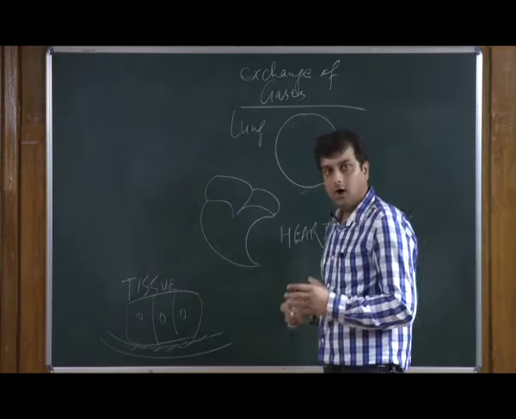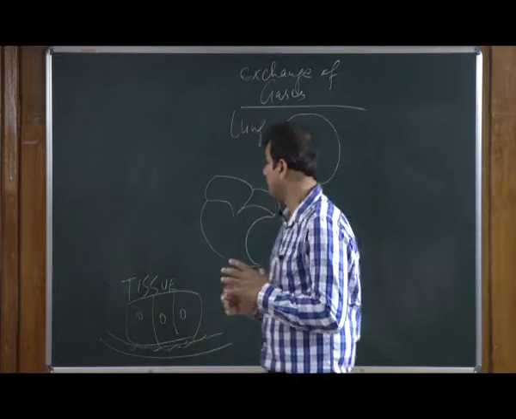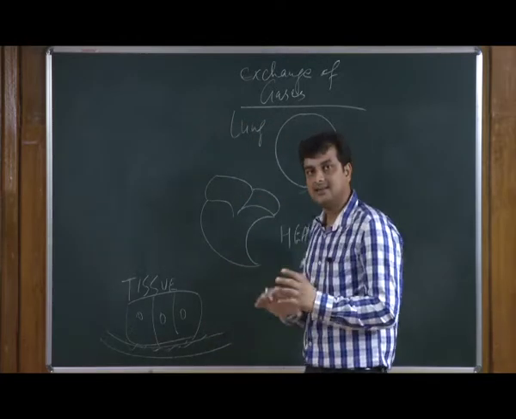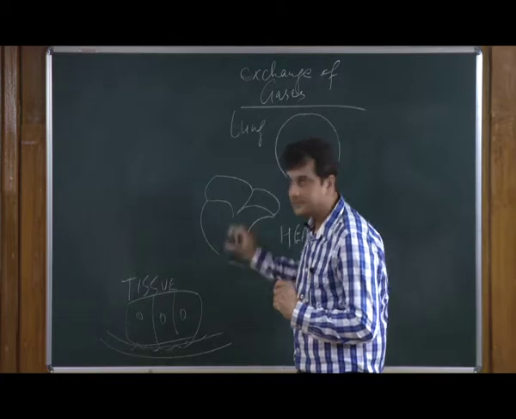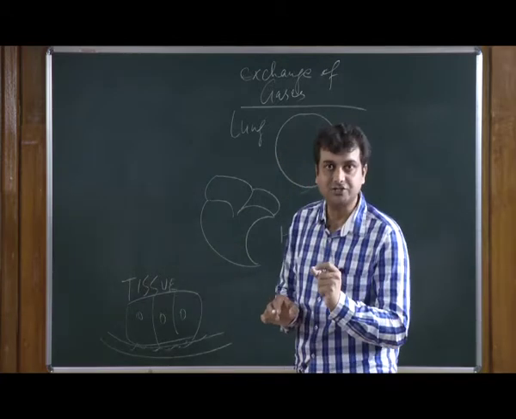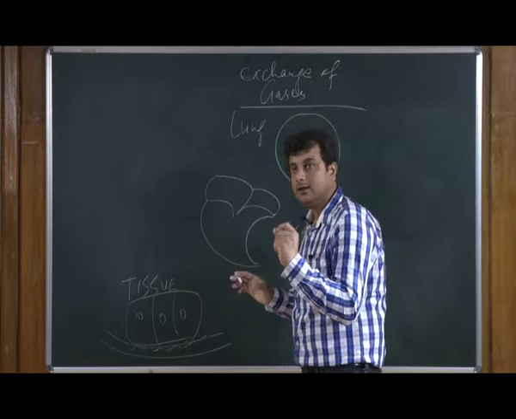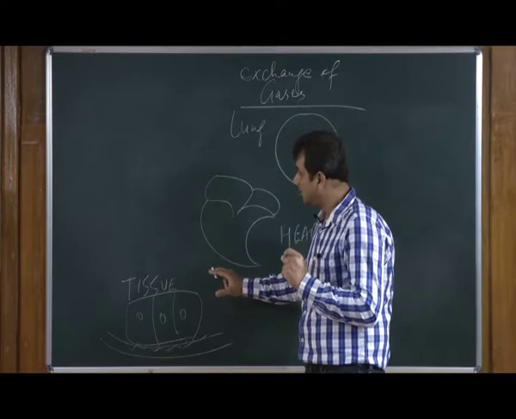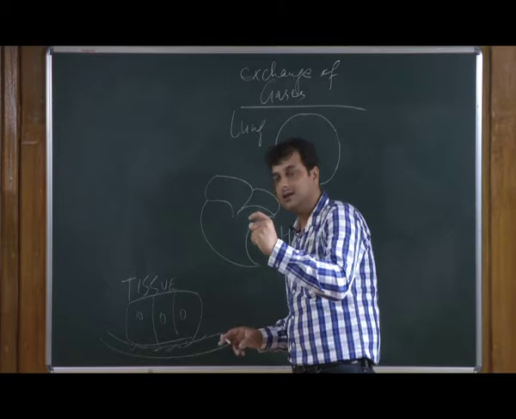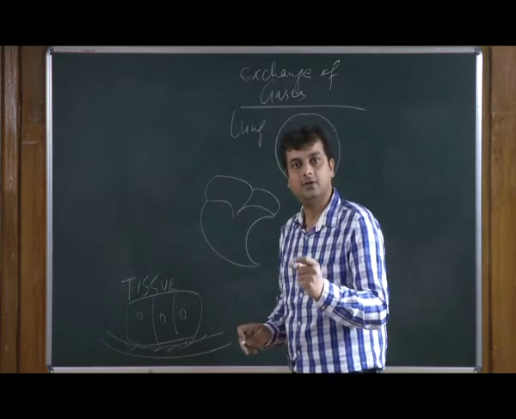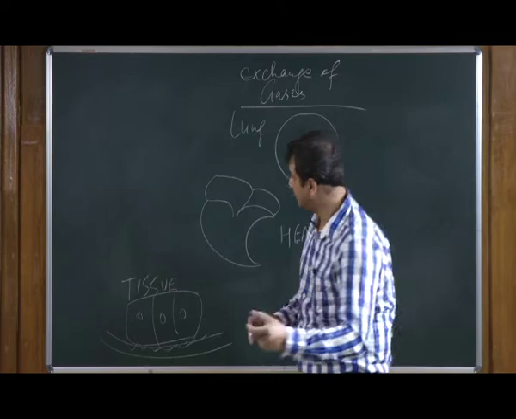Now all the deoxygenated blood. So what we will do here, we will try to understand the circulation, and then we will see the whole circulation in terms of mm of Hg, and I will show you the whole thing in the slide also. So what is happening here, the blood coming from the tissue area is full of carbon dioxide, or we can simply say that the carbon dioxide percentage is very high in that blood.